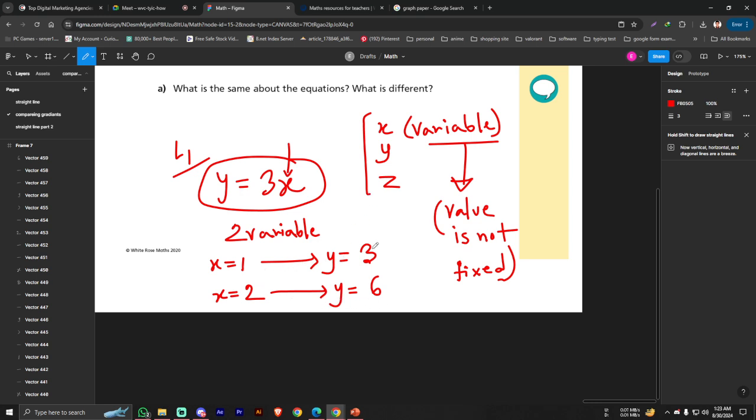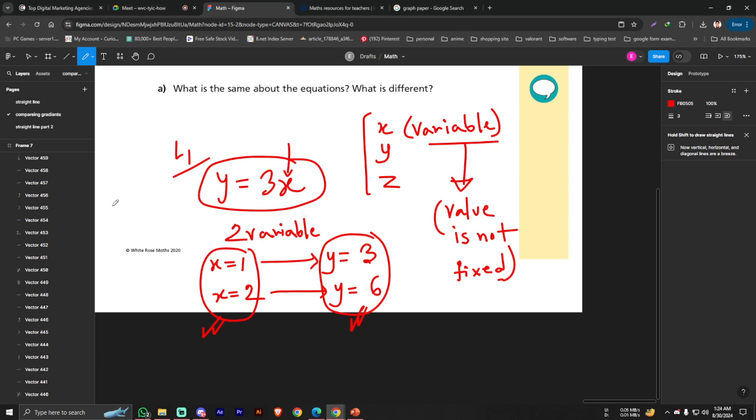So here x value is not fixed, you can put any x value. For putting the x value, we always get a different value for y. So that's why these two are called variables, because their value is not fixed.